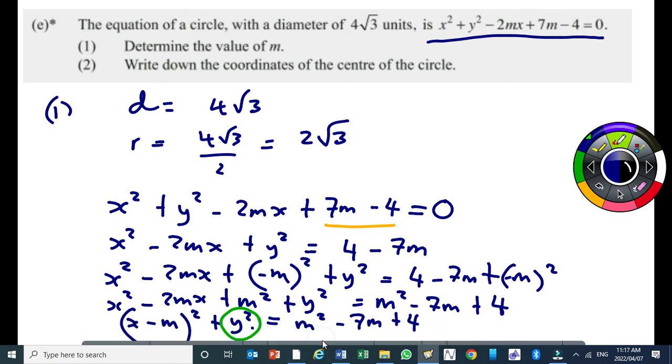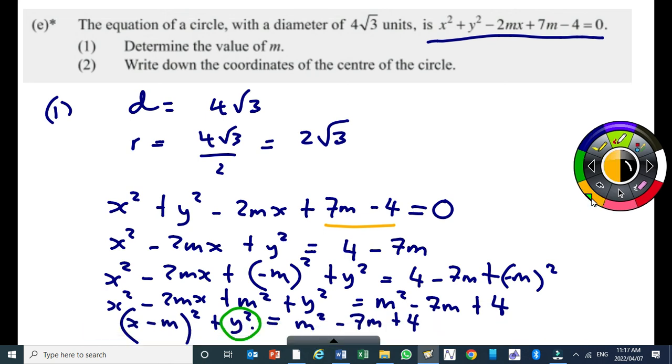I hope you can see here that we have got m here, right? That's how I figured out that the m is also the x value at the center. And here we have got y squared, which means the value of y at the center is 0. But we have got two values of m.